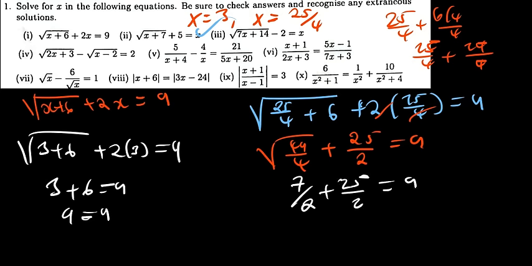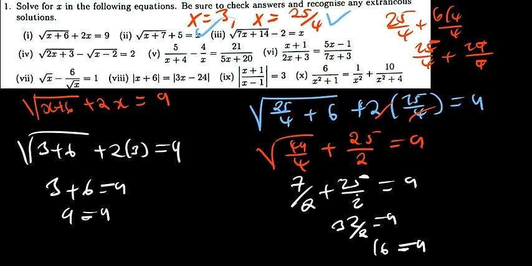Let's add this. So 7 plus 25 should be 32. So meaning I've got 32 divided by 2 is equal to 9. 32 divided by 2 is 16. So 16 cannot be equal to 9. Therefore, the extraneous solution here is this one.